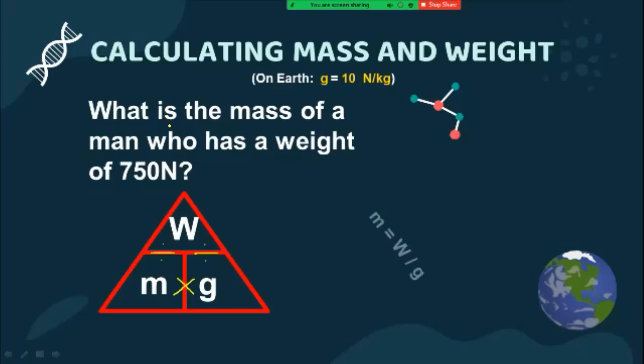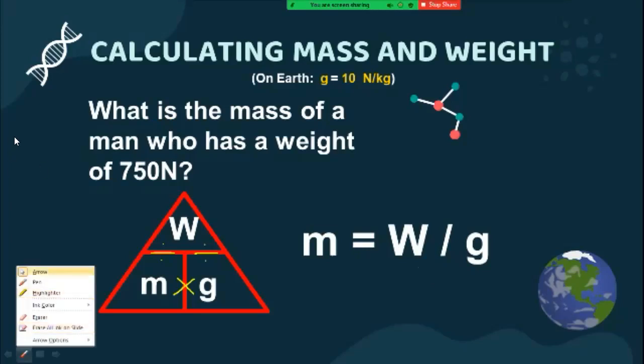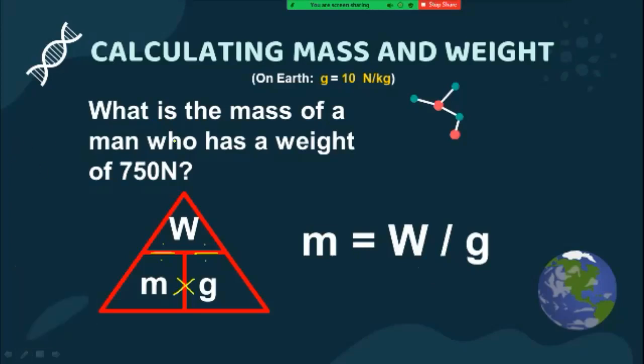So now we are to determine mass, and we are using this formula: mass equals weight divided by gravity. We're determining the mass, and in this case, the weight of the man is given in the question to be 750 Newton.